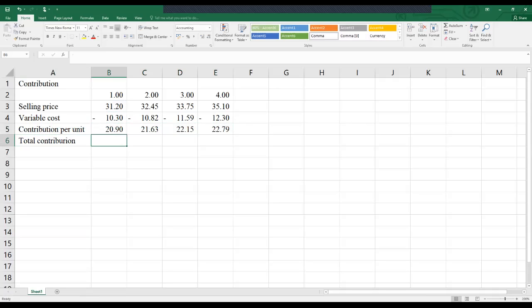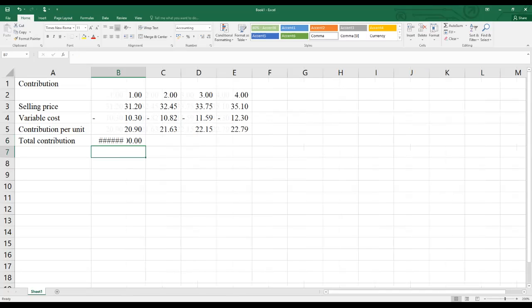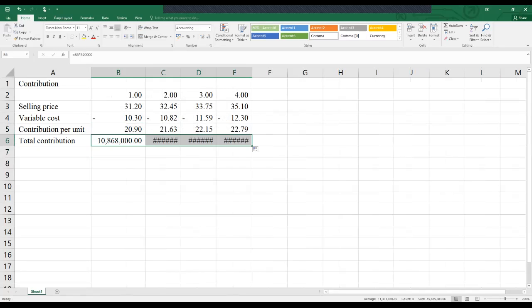It will be equal to the contribution per unit multiplied by the number of units of sale. In year one, the number of units of sale are equal to 520, that is 520,000. I have the formula, and I can drag it across the entire 4 years.